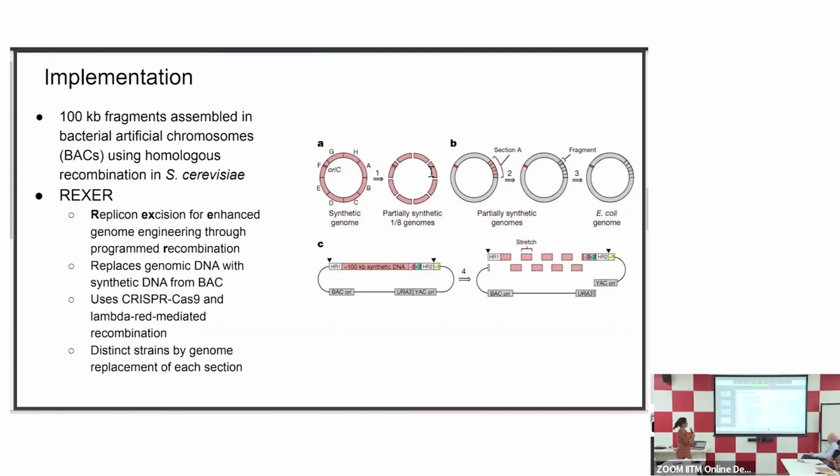is replicon acquisition for enhanced genome engineering through programmed recombination. Here, this method is used for replacing the genome with the synthetic DNA. And then, it is CRISPR-Cas9 and lambda-mediated recombination. And using this REXer, they have generated 5 strains or 7 strains having only one section replaced by the synthetic DNA.